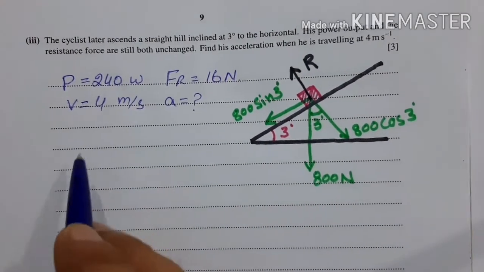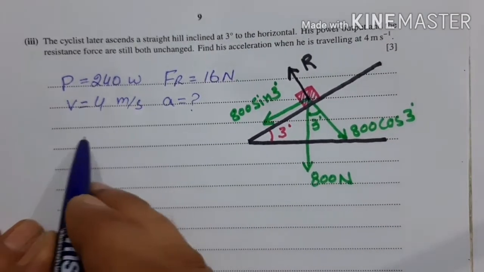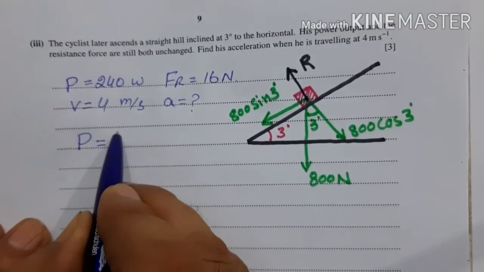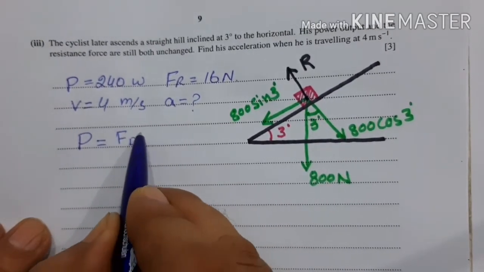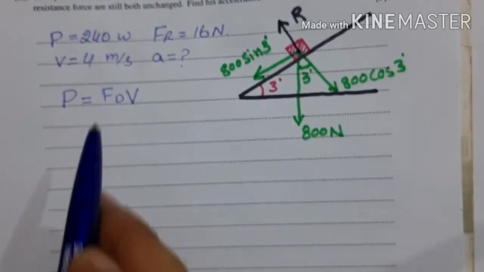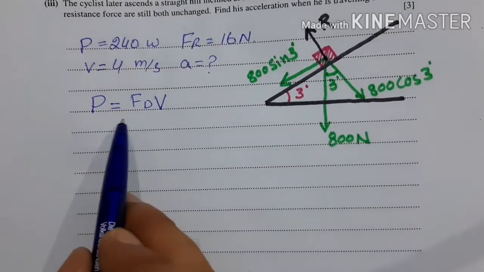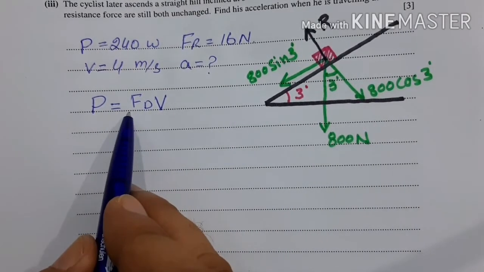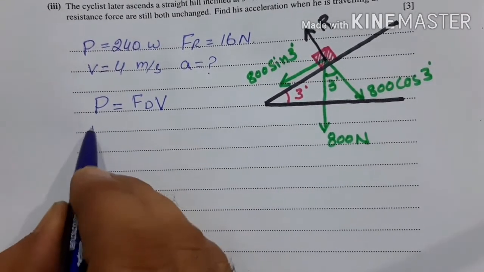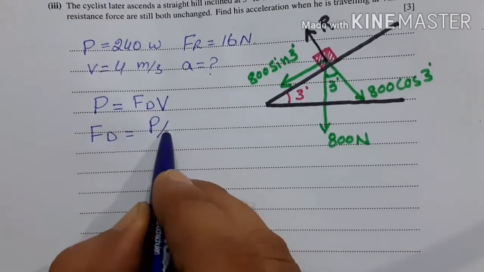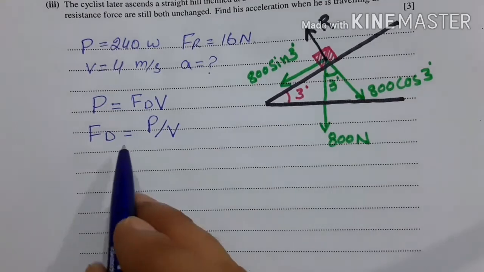So this is the vector diagram for the question. Now we know the formula for the power, P is equal to FdV. Now we need to calculate Fd, meaning driving force. So Fd will be power over speed.